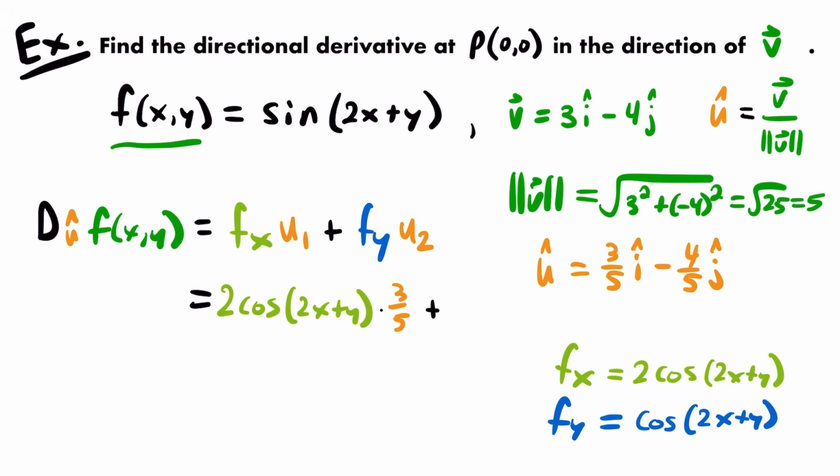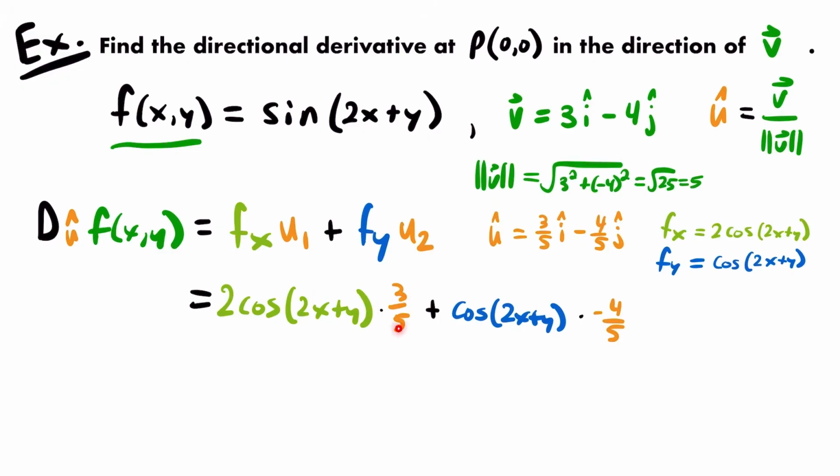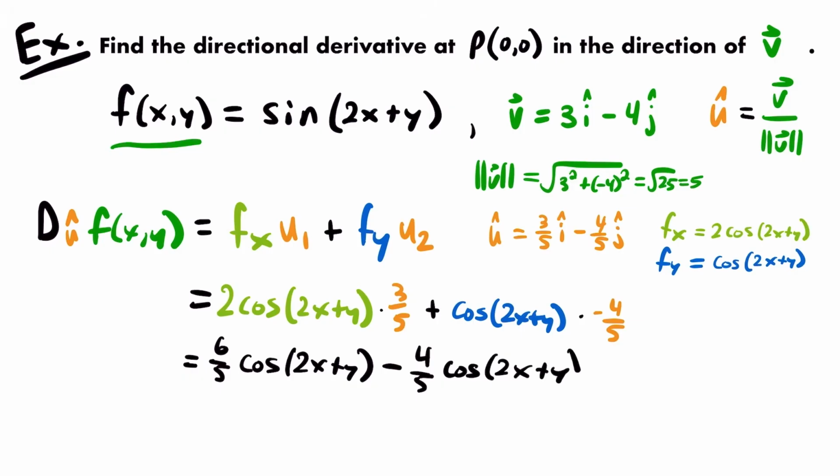Now let's simplify. 2 times 3/5 will be 6/5. So this is equal to 6/5 times cosine of 2x plus y. And then moving this negative 4/5 out front, we will subtract 4/5 times cosine of 2x plus y.